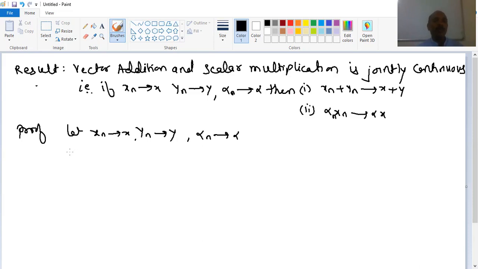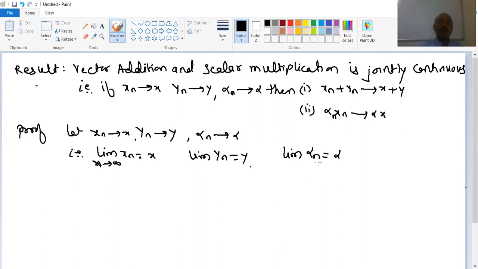Now, another meaning is that limit xn is equal to x as n tends to infinity, limit yn is equal to y, and limit alpha n is equal to alpha. The first condition is xn plus yn converges to x plus y.